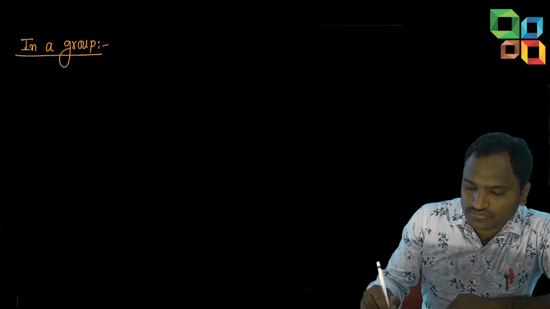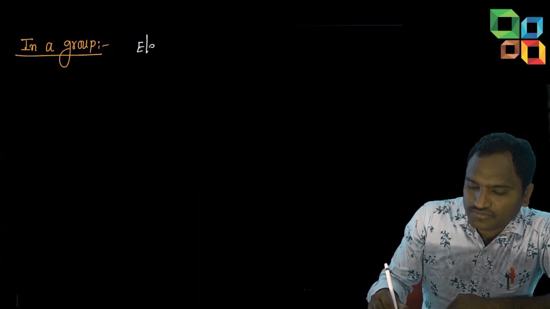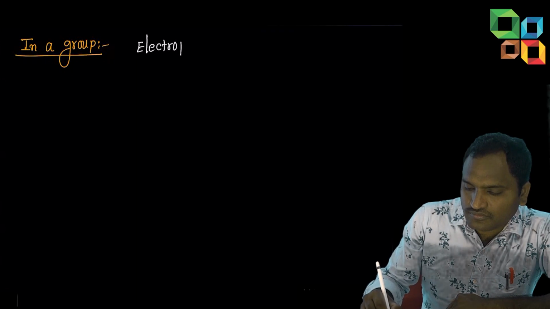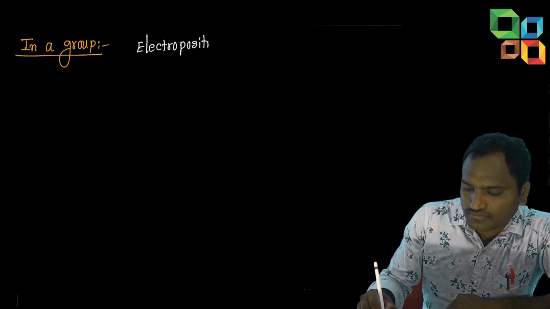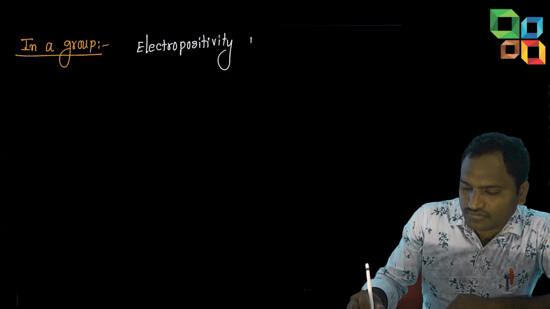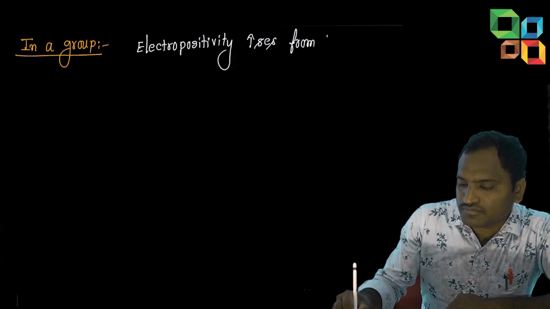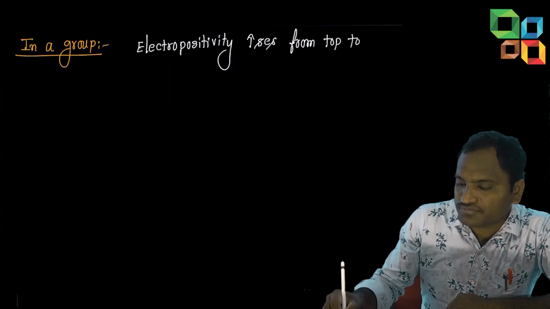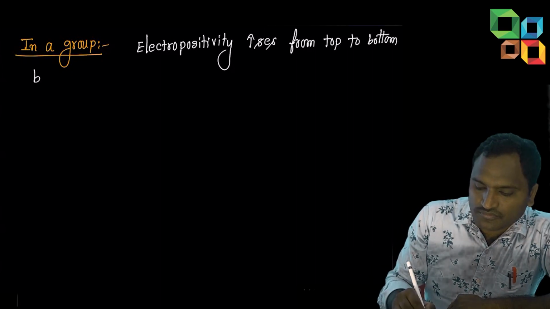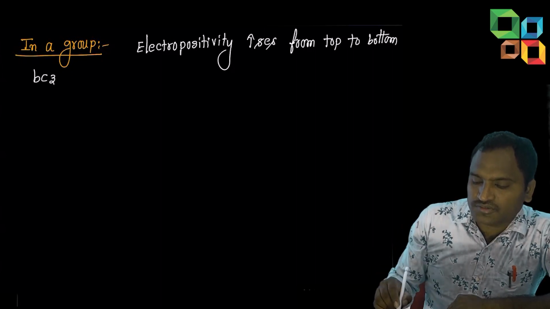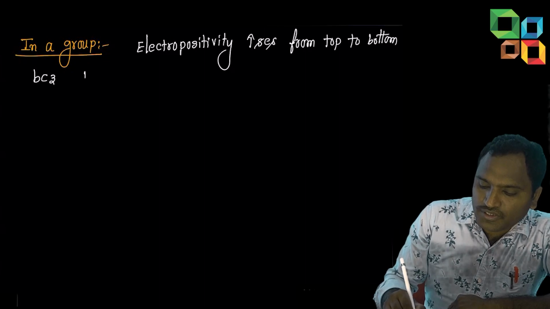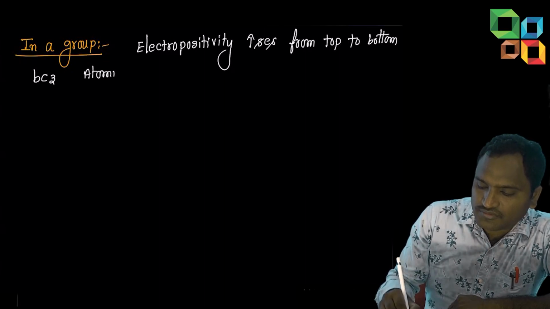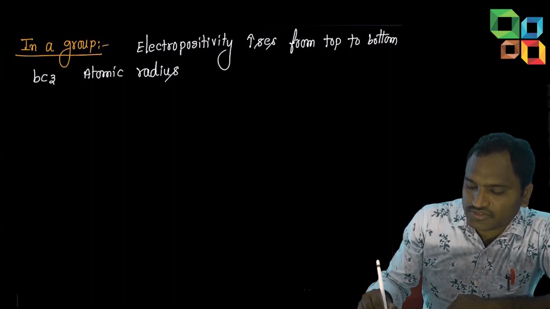Electropositivity is directly proportional to atomic radius.